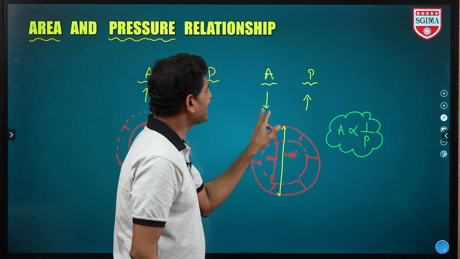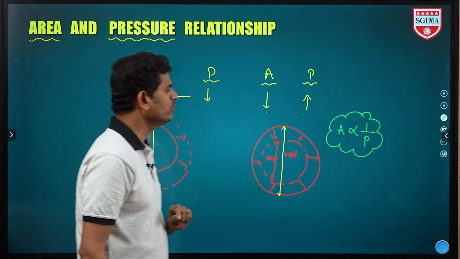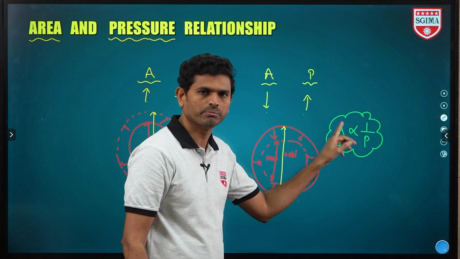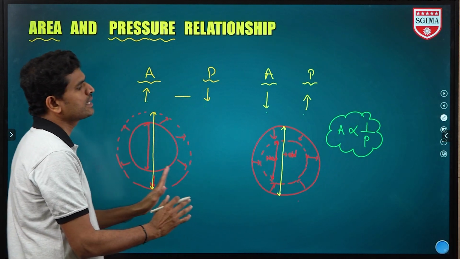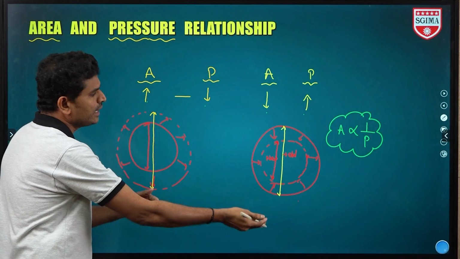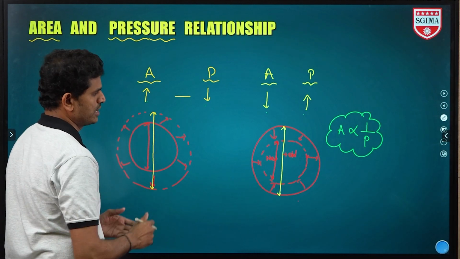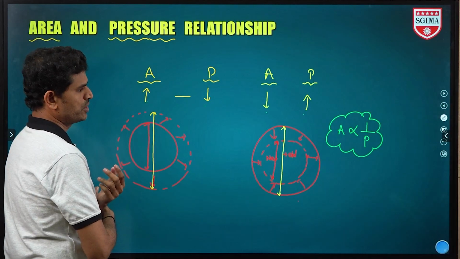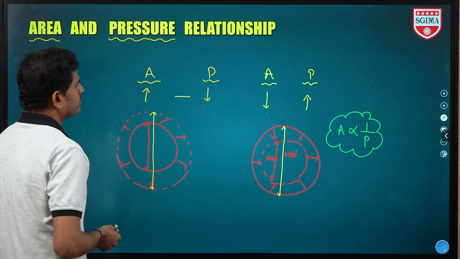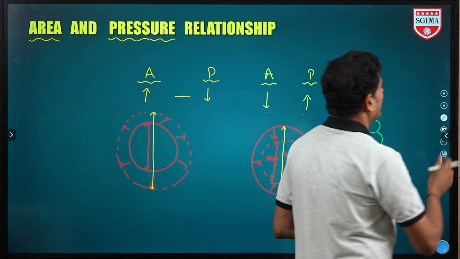If area decreases, pressure increases. So area is inversely proportional to pressure. Okay. This we compulsorily have to remember. In the next slide, the same thing is repeated for the stages of inspiration and expiration. That's why this basic is a must. Okay. Let us see. Next slide.